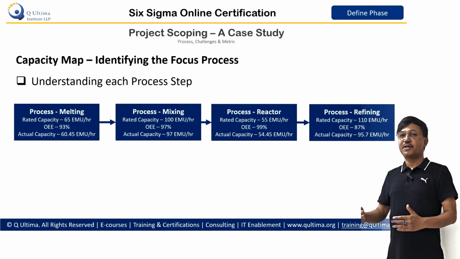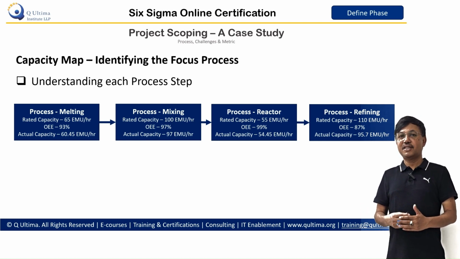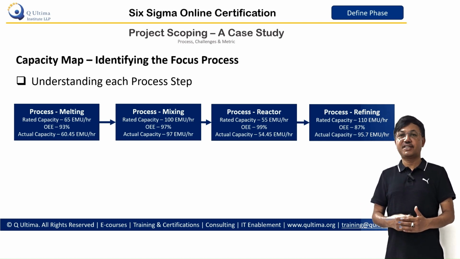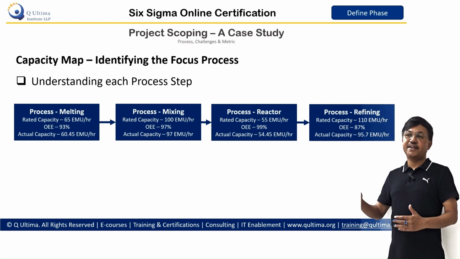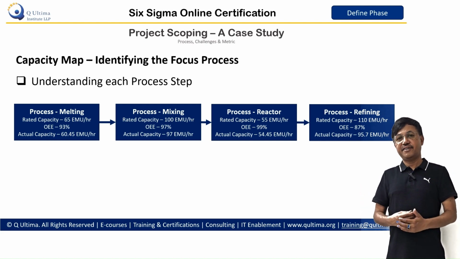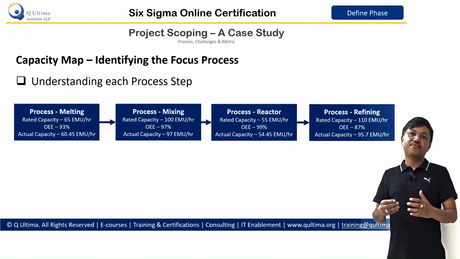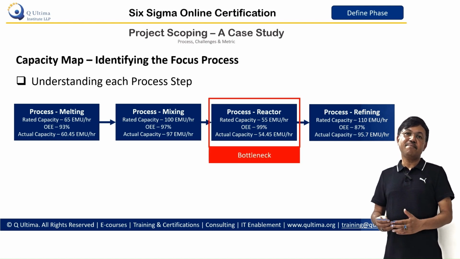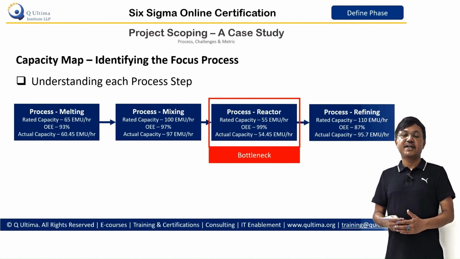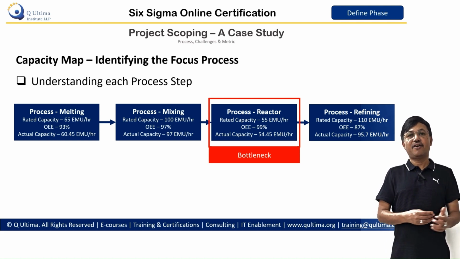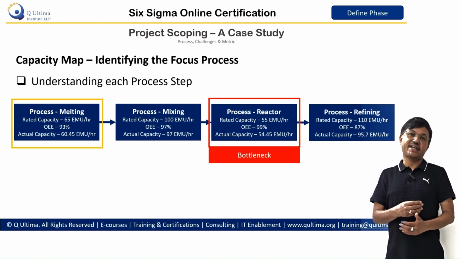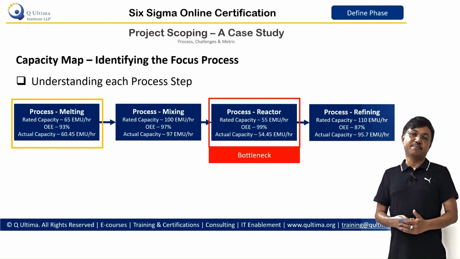each process step. In this case, the capacities of melting, mixing, reaction and refining are identified. And we can clearly see the capacity of the reactor is at minimum, which is around 54 units, and the capacity of melting is at 60, which is second from the bottom.